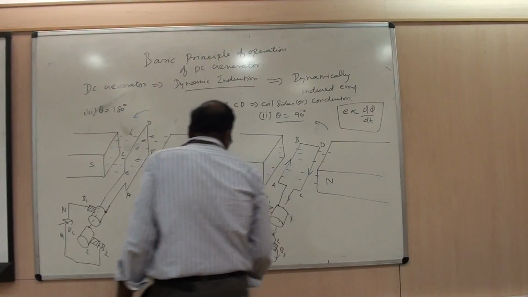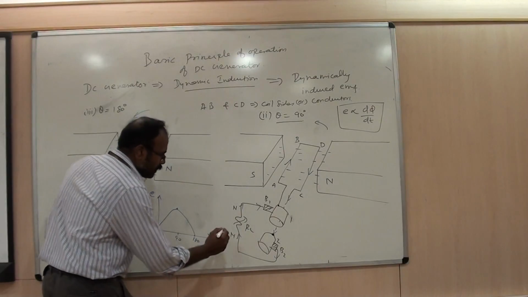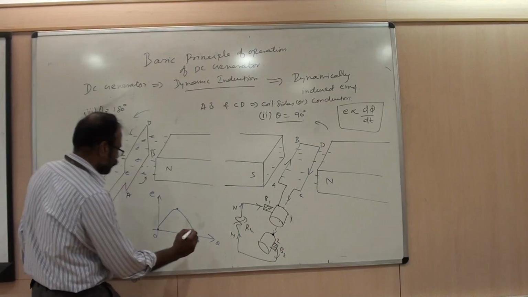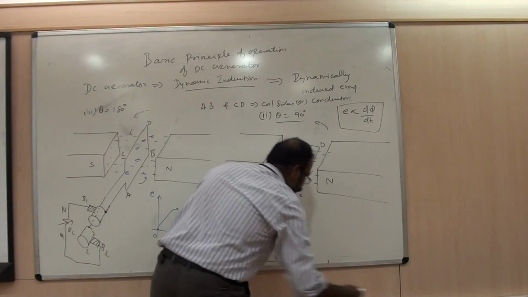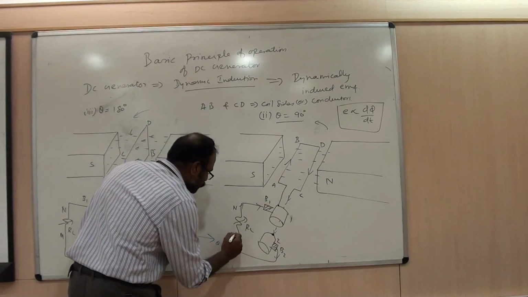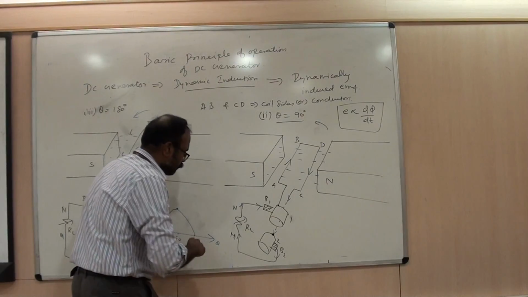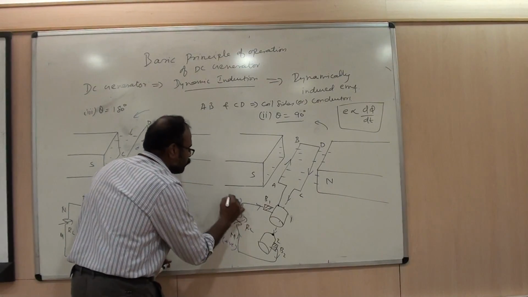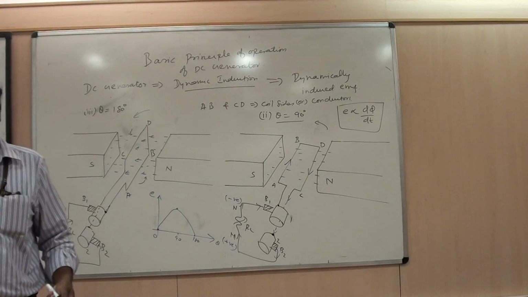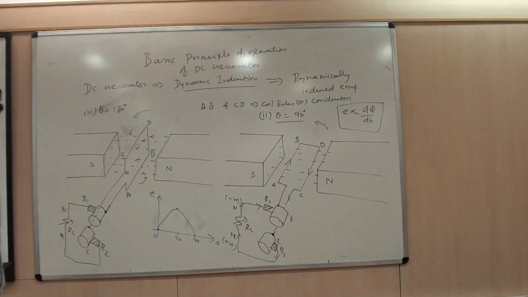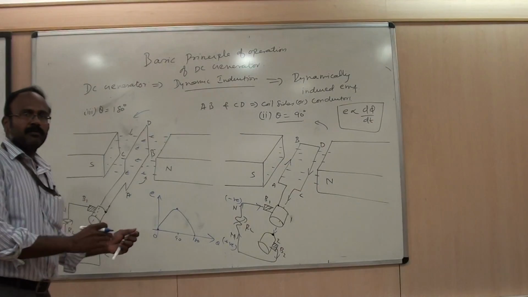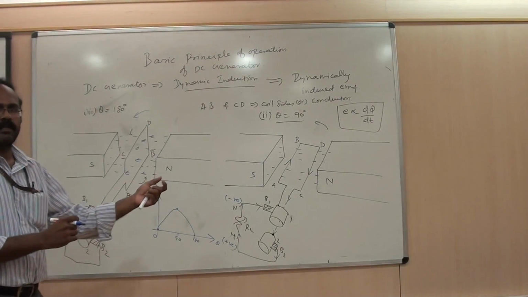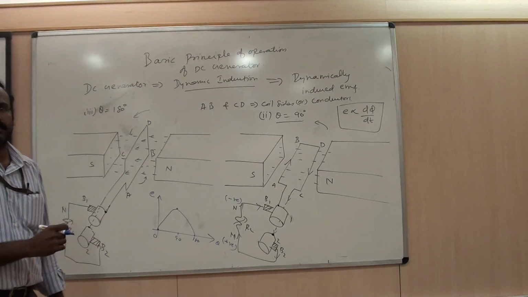So in the external load, the polarities will be like this: M will be positive and N will be negative. This is how to represent our current direction using Fleming's right hand rule for this DC generator.